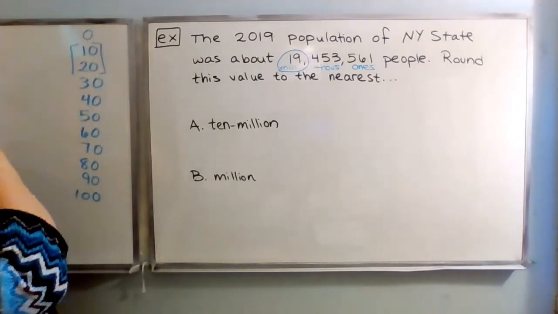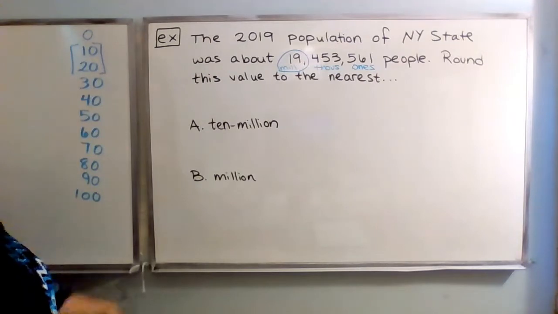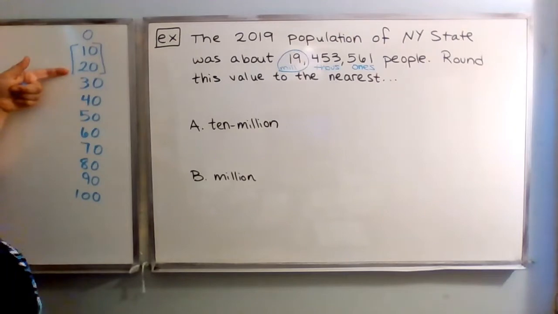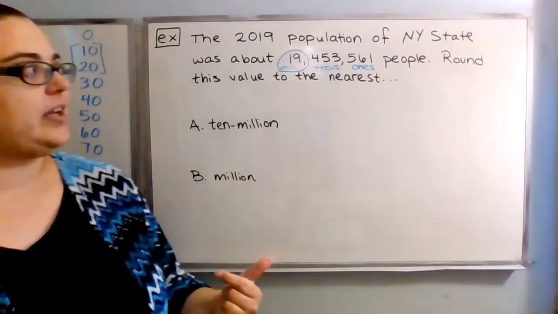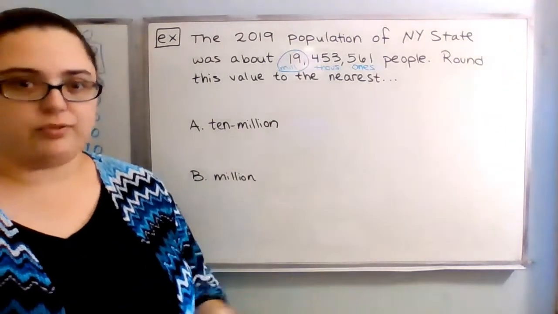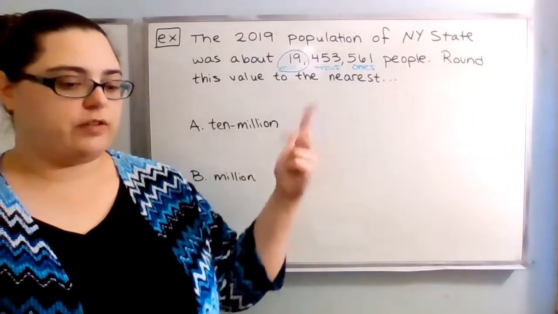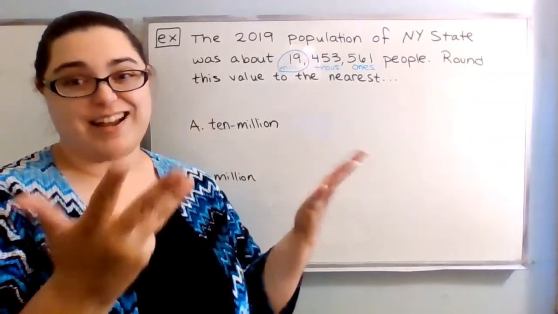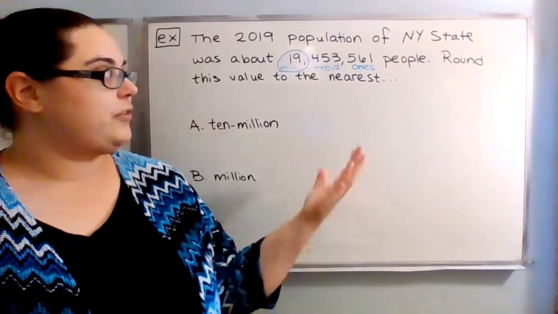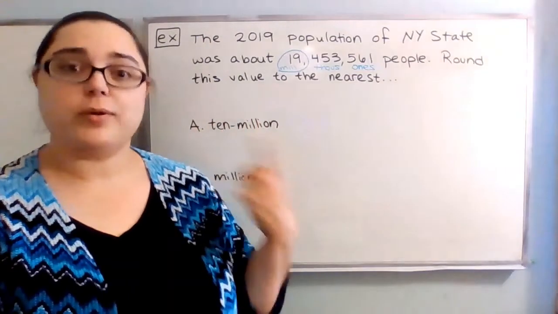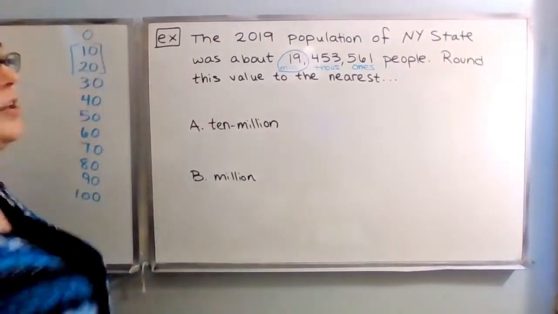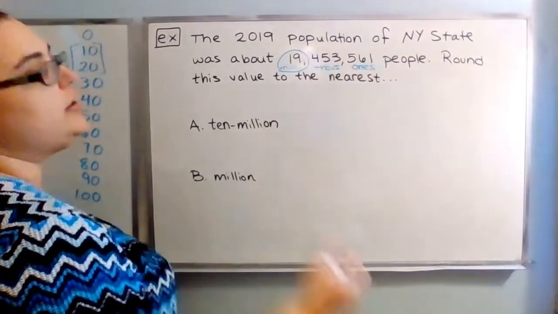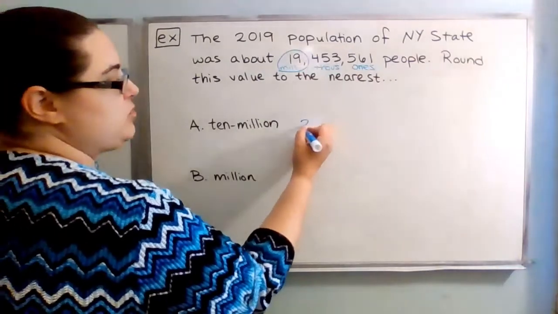And we want to see, is 19 million closer to 10 million or is it closer to 20 million? 19 million is 9 million away from 10 million, right? If I have 10 million, 11, 12, 13, 14, 15, 16, 17, 18, 19, so it's 9 away. And then from 19 to 20, that's just 1 away. So it's much closer to 20 million. So that means 19,453,561 to the nearest 10 million is going to be 20 million.